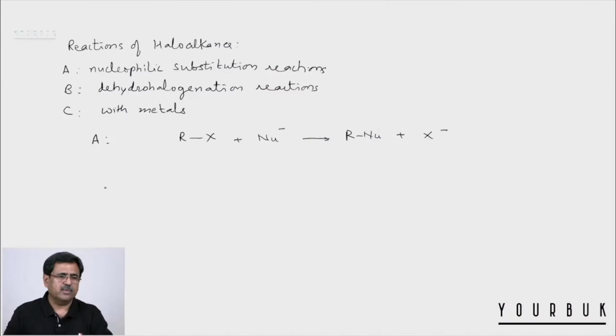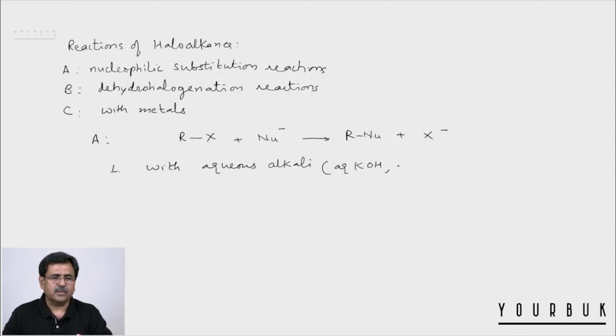So we have a number of reactions in this category, and the first reaction is the reaction with the aqueous alkali. When we say aqueous alkali, it can be aqueous KOH, it can be dilute NaOH, or we can use moist silver oxide.